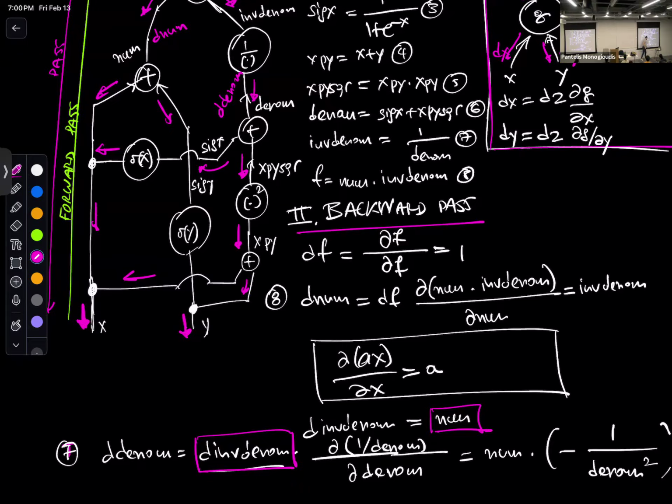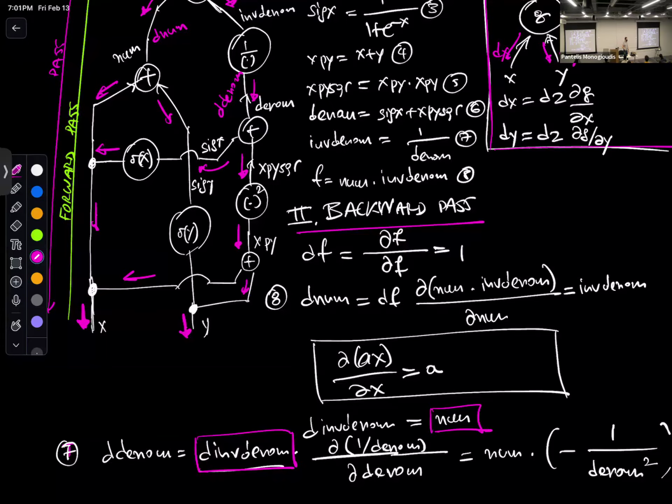For example, this guy was involved in the local calculation of another gate that followed from the forward paths. The second reason is that we insisted on making these gates elementary. And the elementary nature of the gates buys us something quite important. The local gradient, downstream gradient calculation, which was the only operation we had to do, can be symbolically expressed.